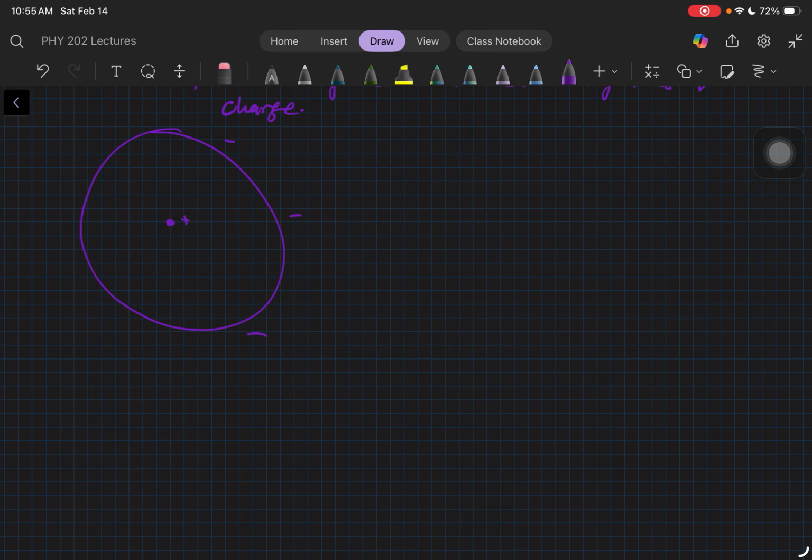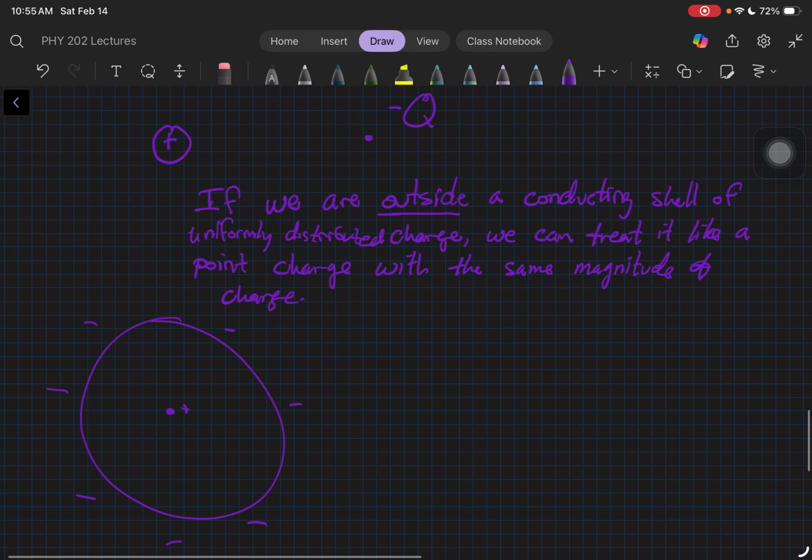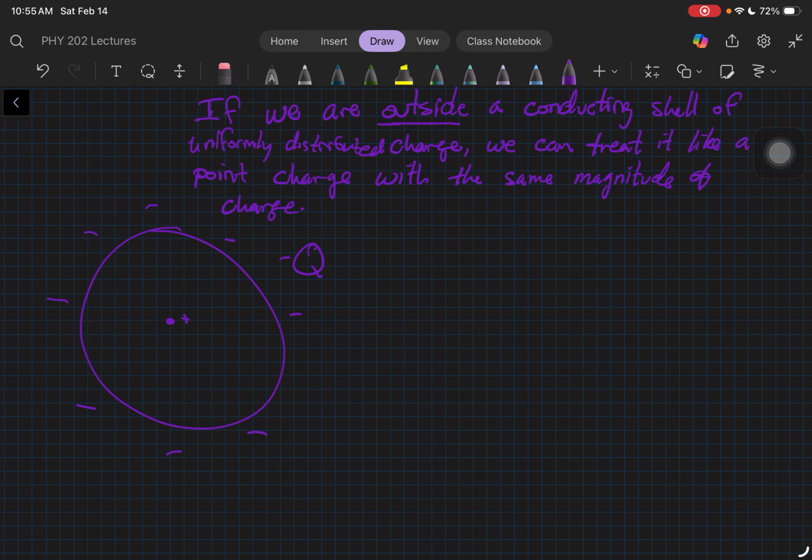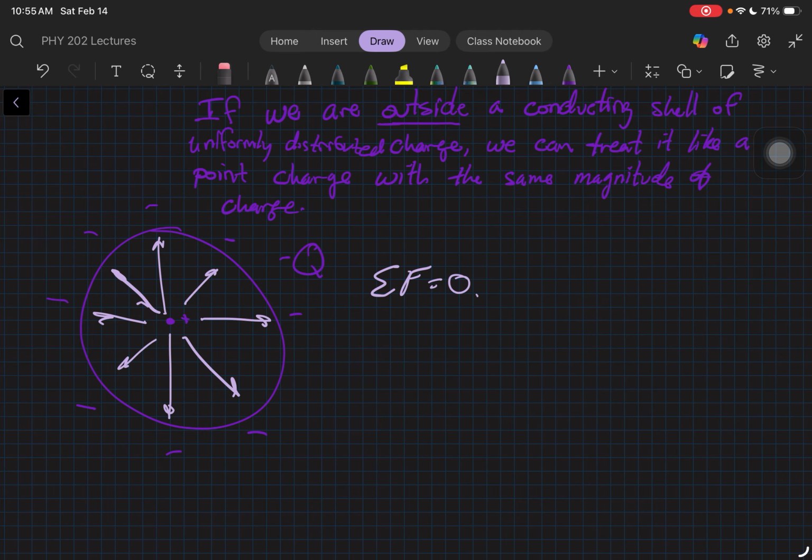And so we have some kind of a uniform distribution of charge for a net charge negative Q. And so for this one, what you can say is, if you think about the force that pulls you up, force that pulls you down, left, right, your diagonals, right? Sum of the force is 0, right? We saw this last semester, and you should be able to go through and reason this, right? And so it's relatively straightforward when you're centered, right?